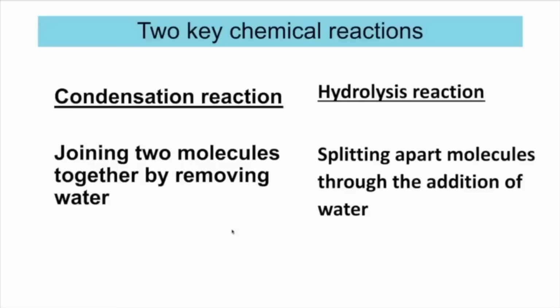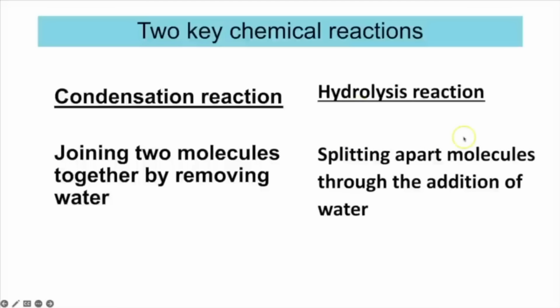So we said that disaccharides are made in a condensation reaction. That is a reaction we're going to see over and over in the biological molecules topic when making polymers and also when making other molecules. So it's a key definition to learn, definitely one to put on a flashcard. So a condensation reaction is joining 2 molecules together by removing water, and a chemical bond is formed.